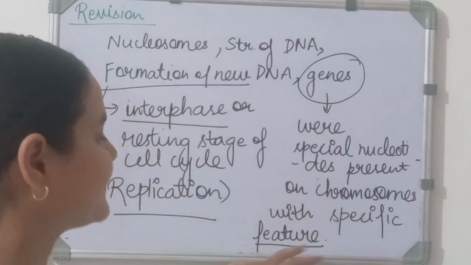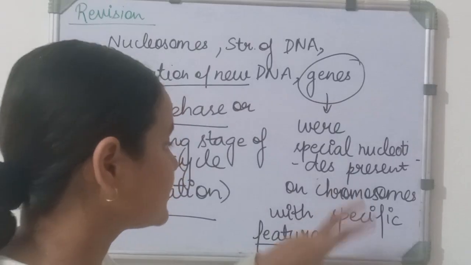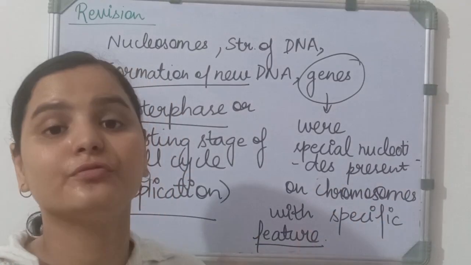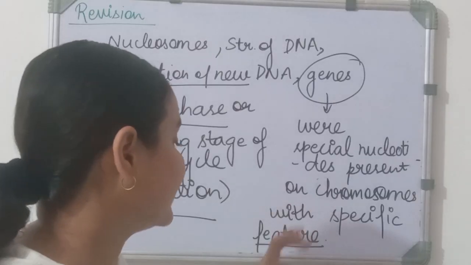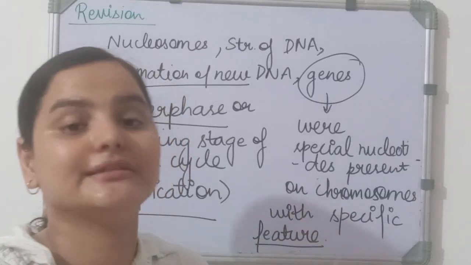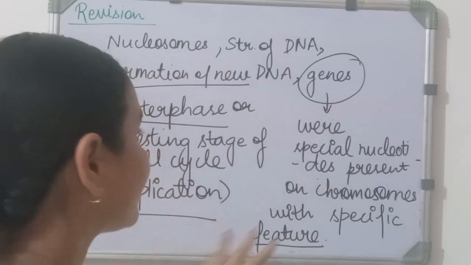This specific feature is associated with a specific protein. So generally these nucleotides code for specific proteins, and that specific protein is associated with a specific feature that performs a specific function in our body. Okay, I have revised all the topics.